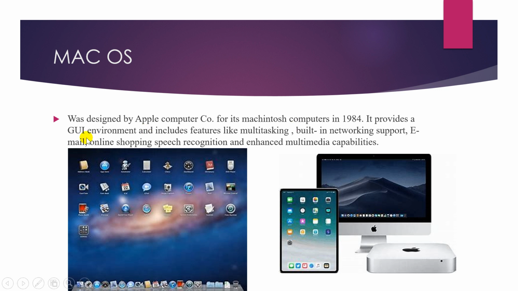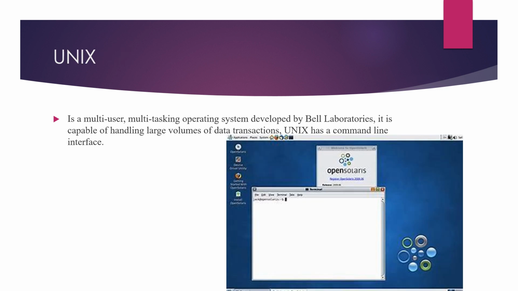It provides a GUI, meaning graphical user interface environment, and includes features like multitasking, built-in network support, email, online shopping, speech recognition, and enhanced multimedia capabilities. It has good features, so most of the people go to the Mac operating system.